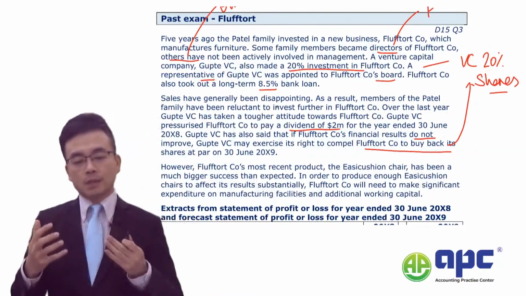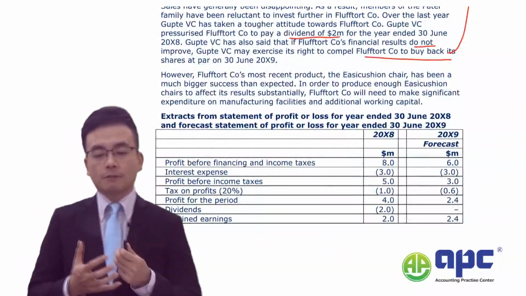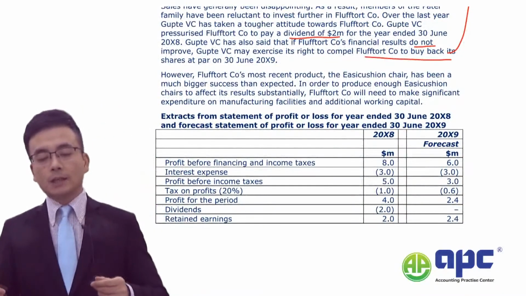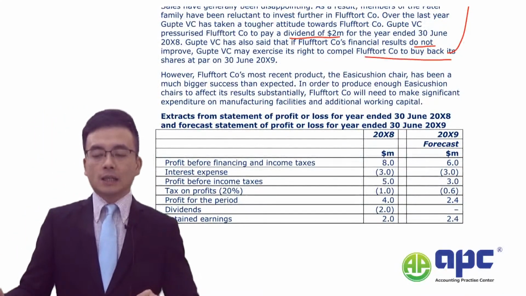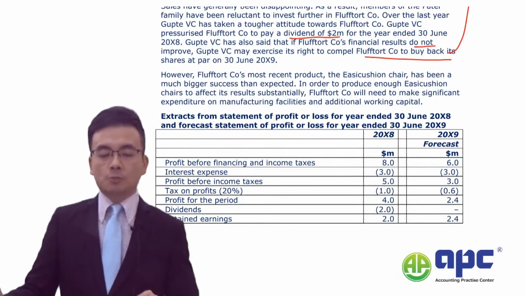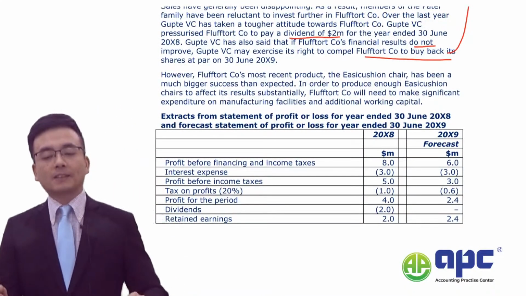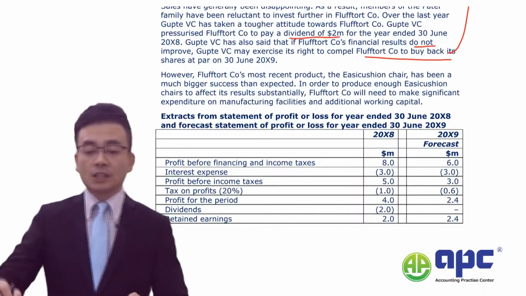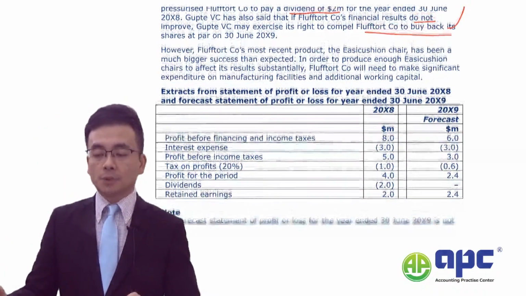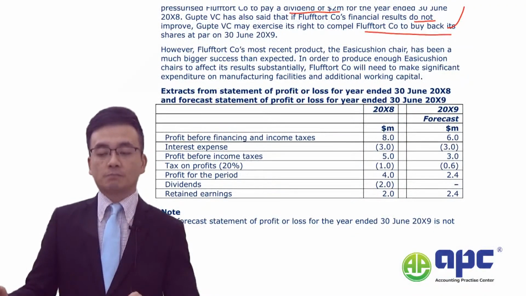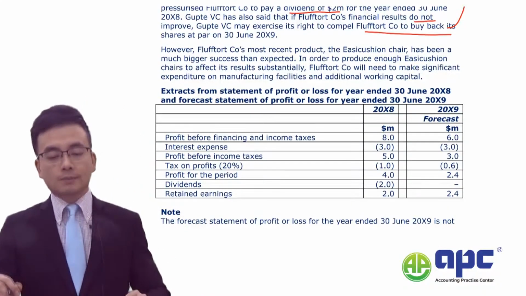Next paragraph. However, Fluffort's most recent product, the e-chair, has been a much bigger success than expected. In order to produce enough chairs, the company will make significant expenditure on that.